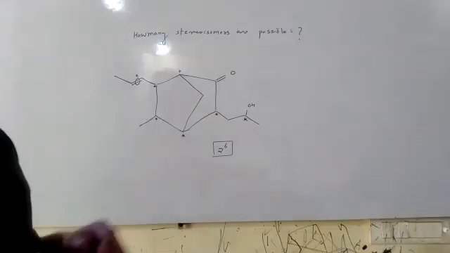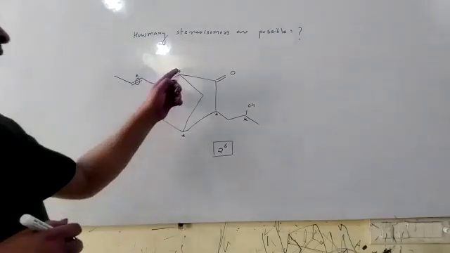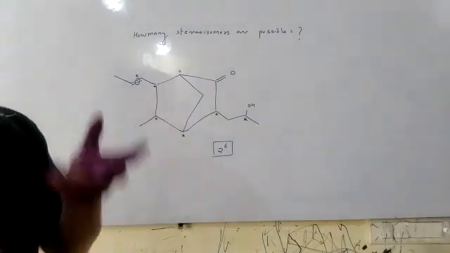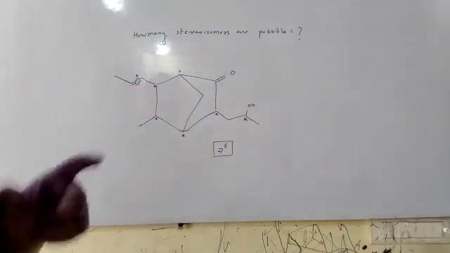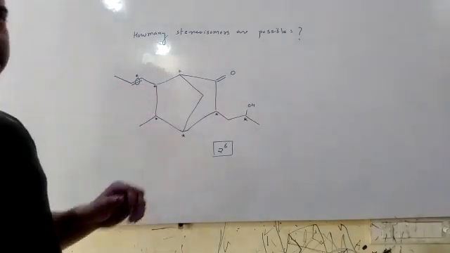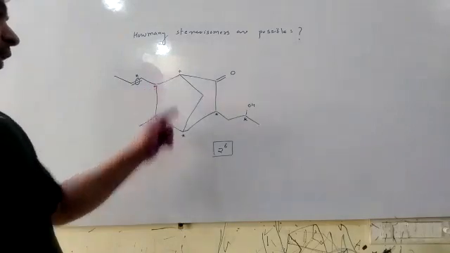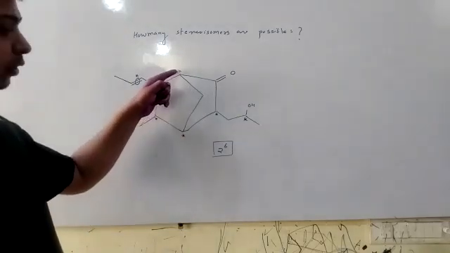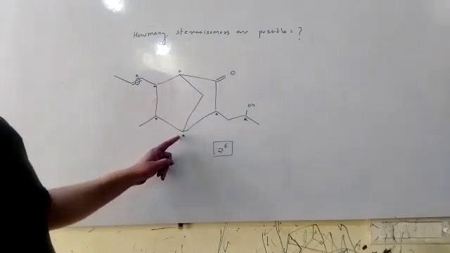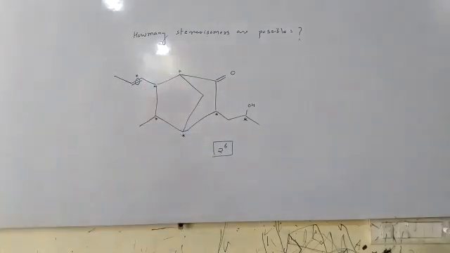So always remember, if two chiral centers are there and both are bridged carbons, then what will happen? We cannot switch independently. Suppose if I switch here, automatically it will switch here. Yes or no?